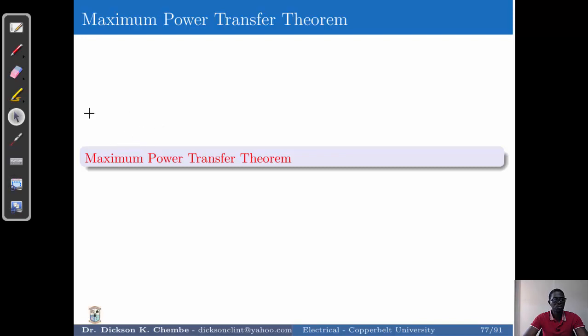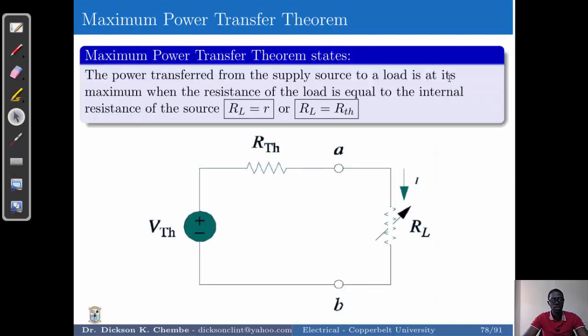Now, the maximum power transfer theorem states that the power transferred from the supply source to the load is at its maximum when the resistance of the load is equal to the internal resistance of the source.